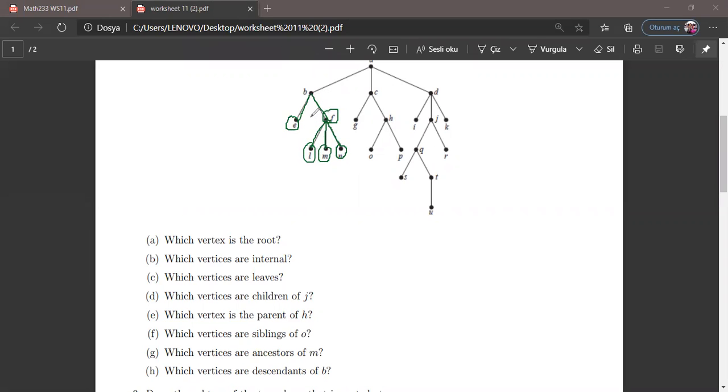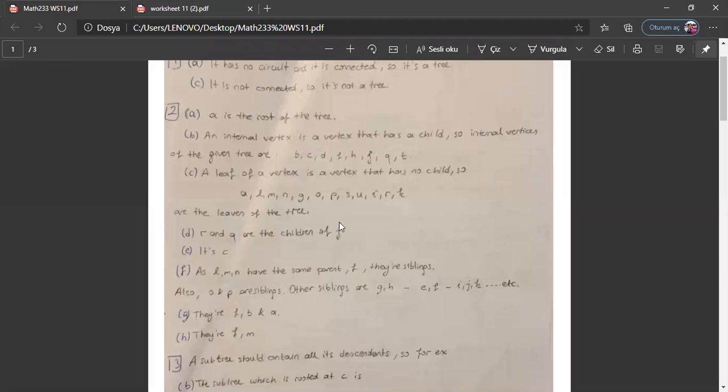So L is a descendant of B. So it's not only F and M, also E, L, and N. So there is a mistake there. Okay.